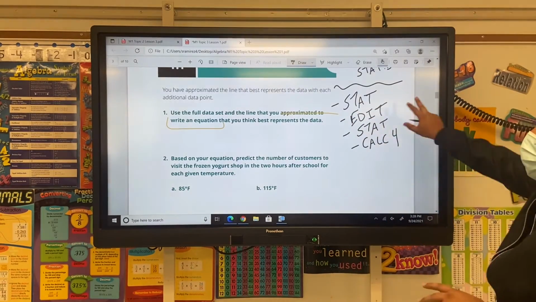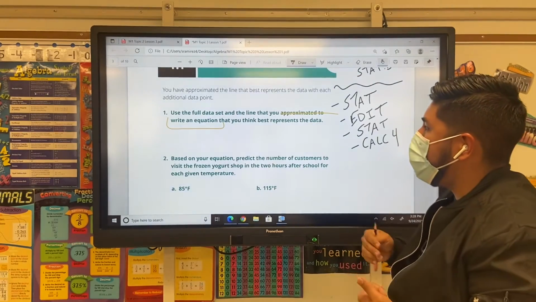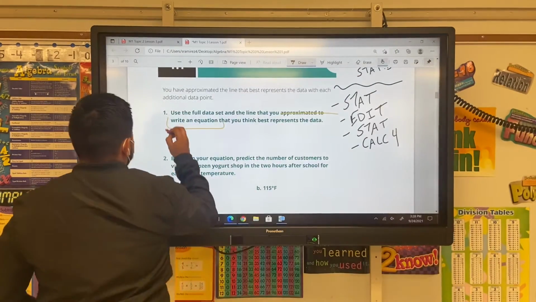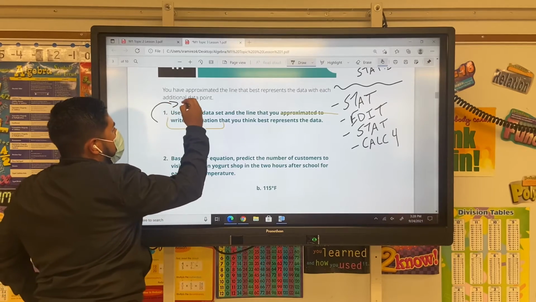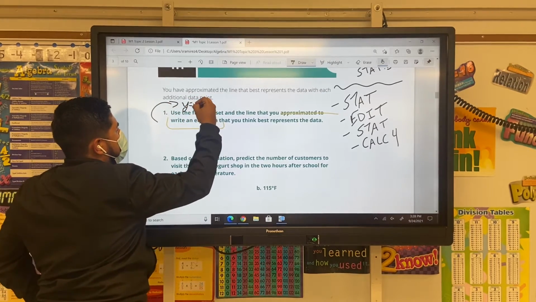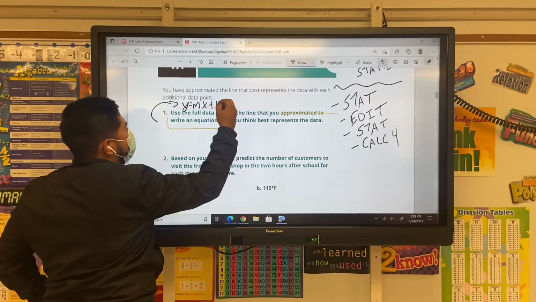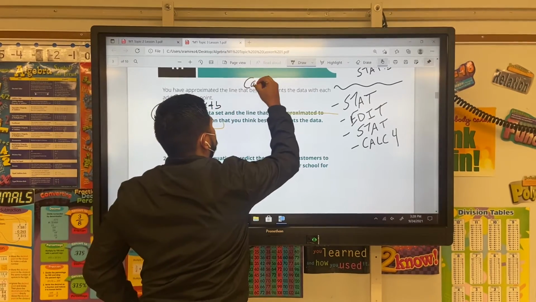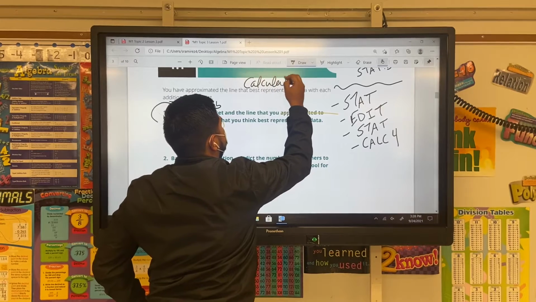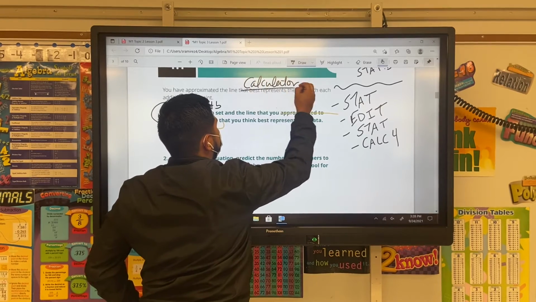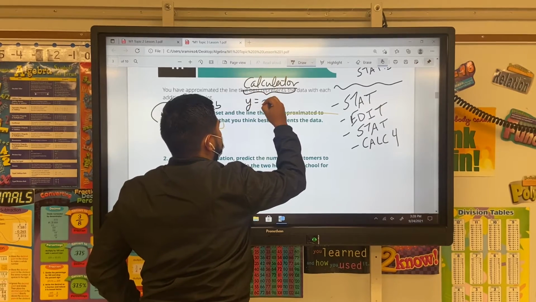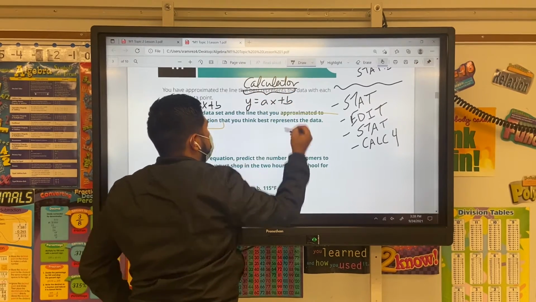We're not going to talk about it right now, but you're probably wondering what the heck we are doing. To write this equation, we will get used to hearing slope-intercept form, y equals mx plus b. But the calculator has it as y equals ax plus b.